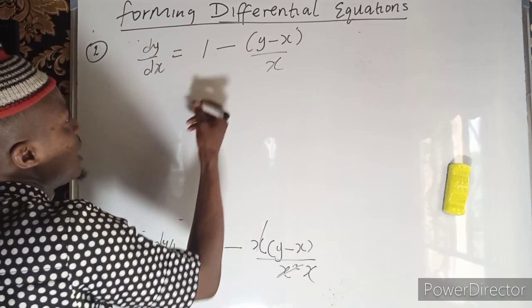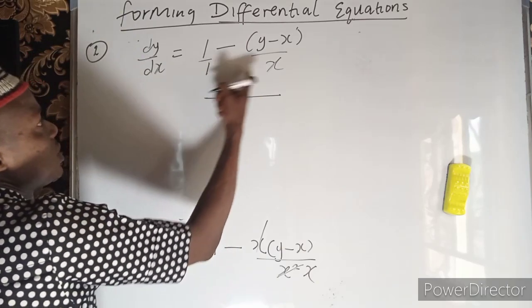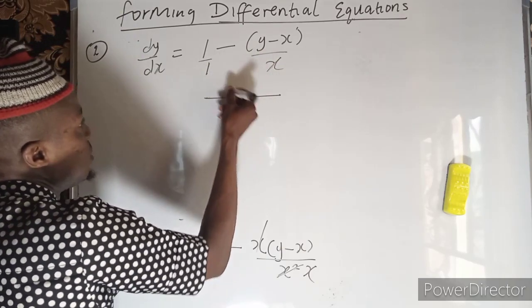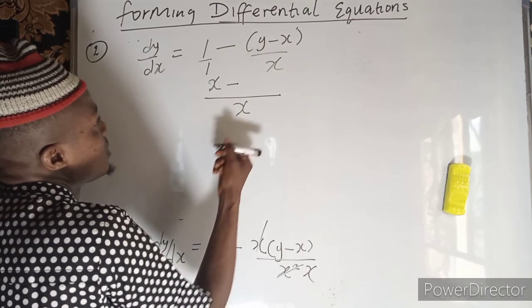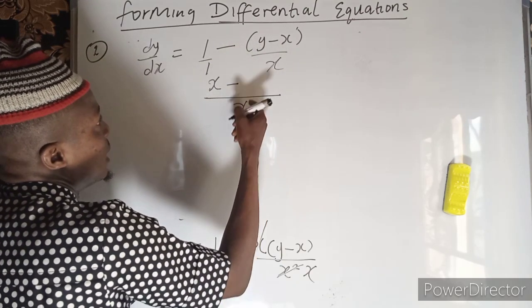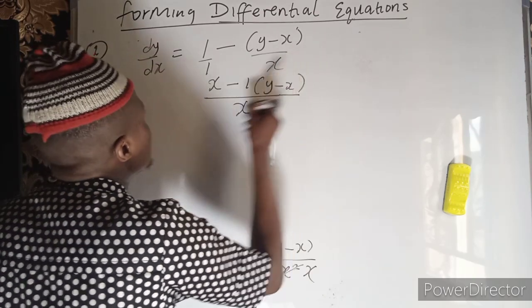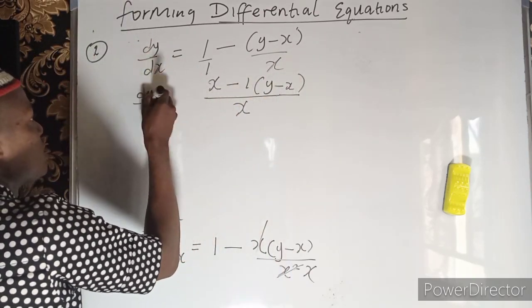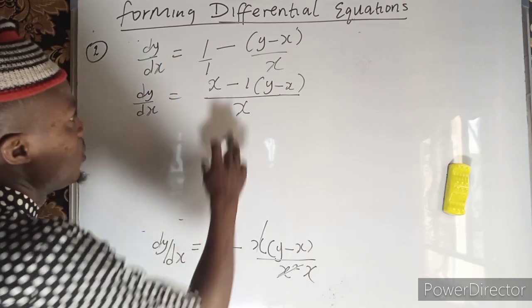Okay, this can be seen as 1 over 1. Then you find the LCM. The LCM of this is x. x divided by 1 is x. x times 1 is x minus, this divided by this is 1. So we have 1 multiplying y minus x. Remember, everything equals dy over dx. Okay, so we open the bracket.